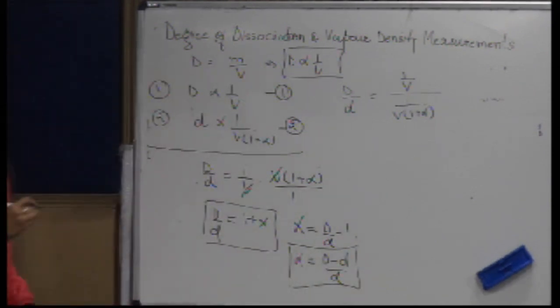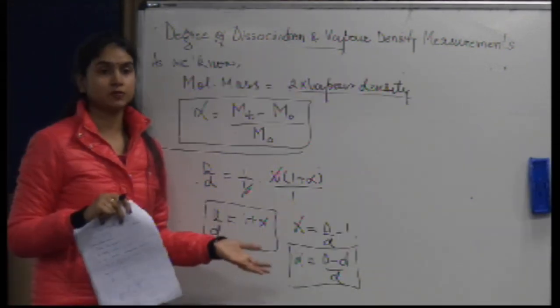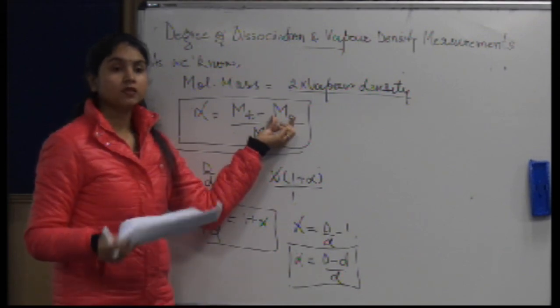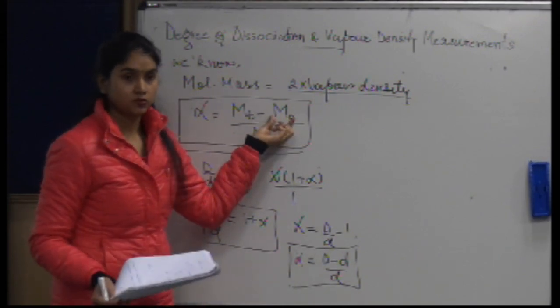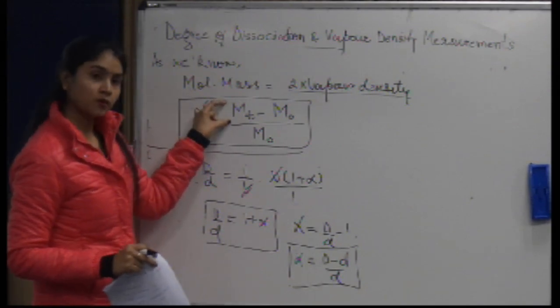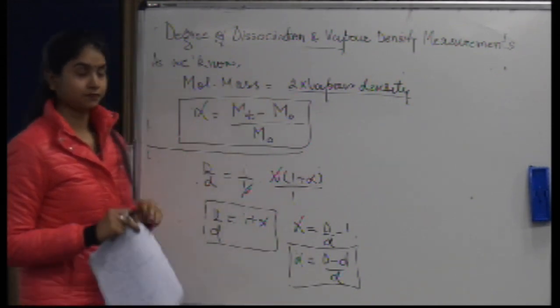This is clear, how you can use the density, and density is nothing but related to the mass of the substance. That is the observed mass which you observe out of a certain experiment or calculation. This you are going to calculate using your molecular formula.